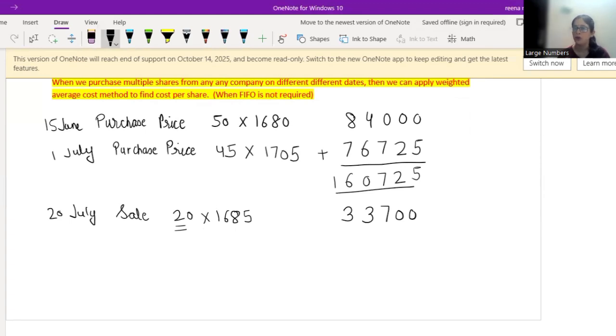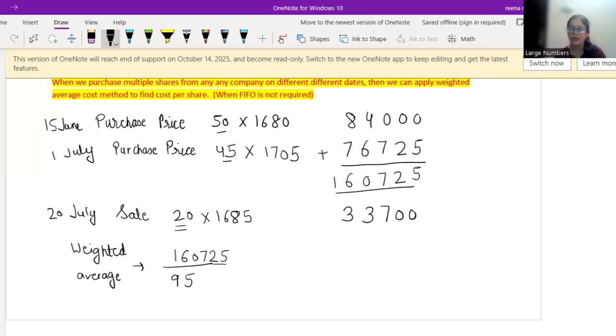Now how to find out the cost of 20 shares? First we find out the cost of one share using the method of weighted average. How will we calculate? See, till now we have purchased 95 shares: 50 plus 45, 95 shares. And this much amount we have given to Infosys company, 1,60,725.